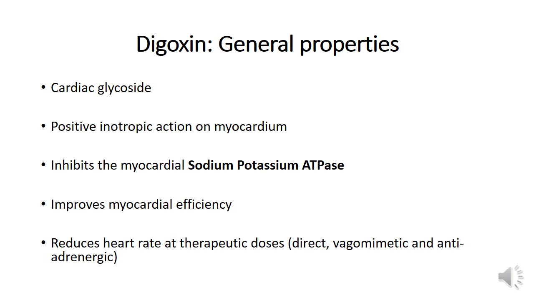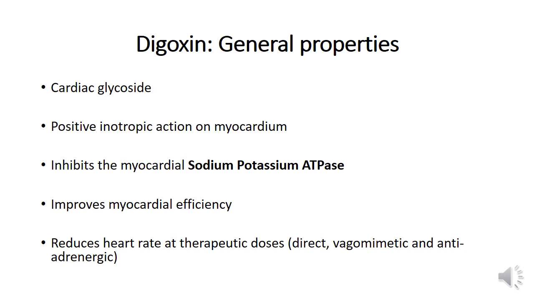Digoxin improves myocardial efficiency. Let us see how. Digoxin, along with increasing myocardial contractility, also reduces heart rate at therapeutic doses by a direct action, a vagomimetic action, and an anti-adrenergic action. Because the heart rate is reduced, the oxygen requirement will not increase.